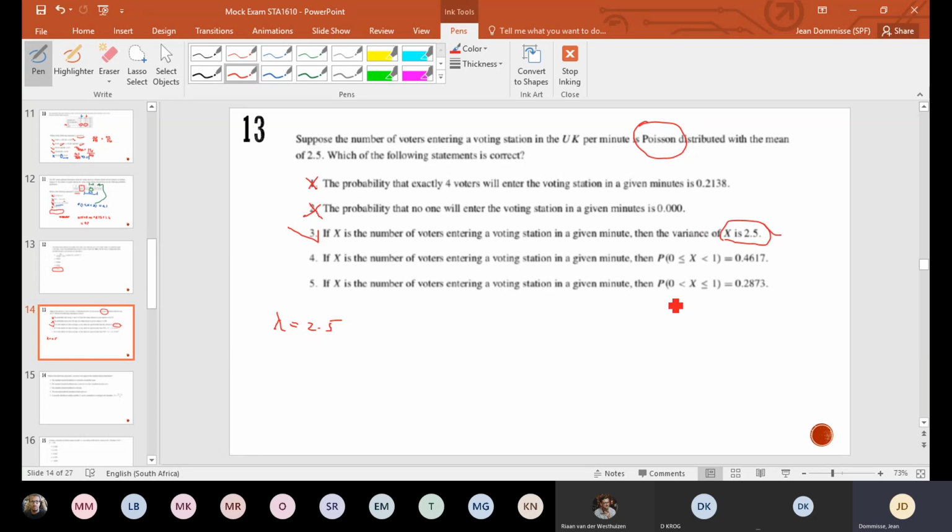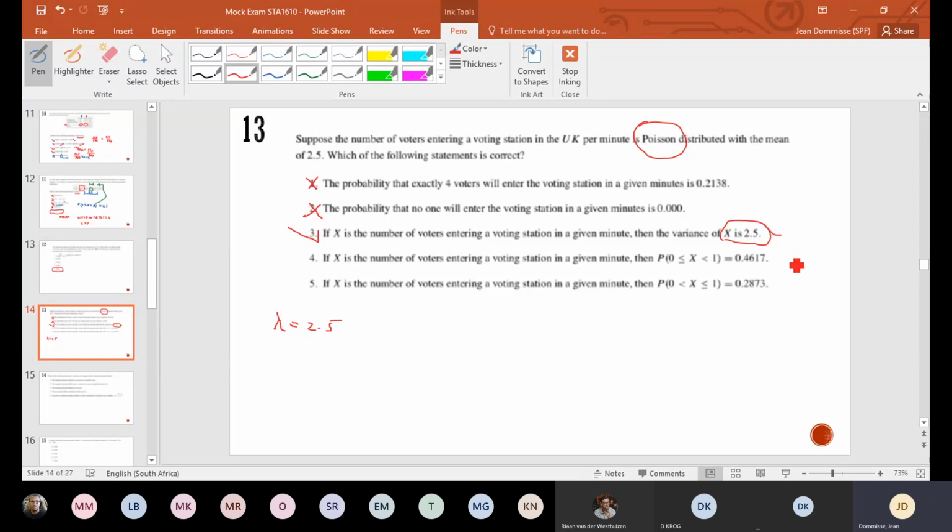So let me, I don't want to switch back to the other one, so if X is the number of voters entering a voting station in a given period, smaller than 1 but bigger or equal to 0. So smaller than 1, you exclude 1, so you're actually only looking at 0.